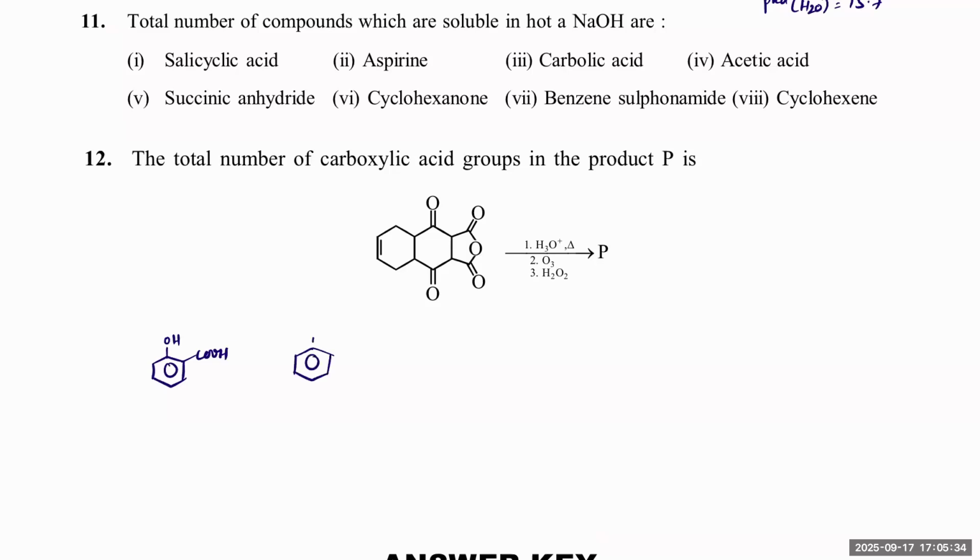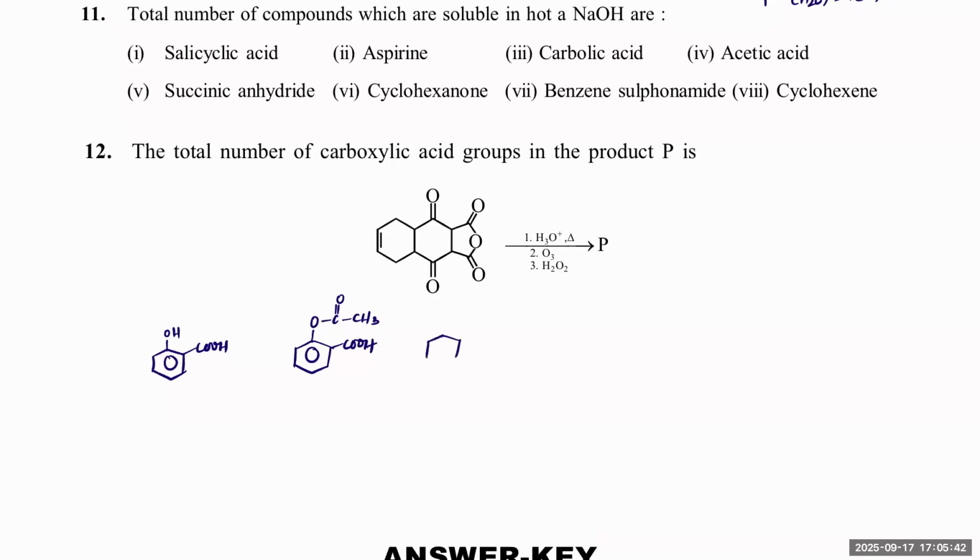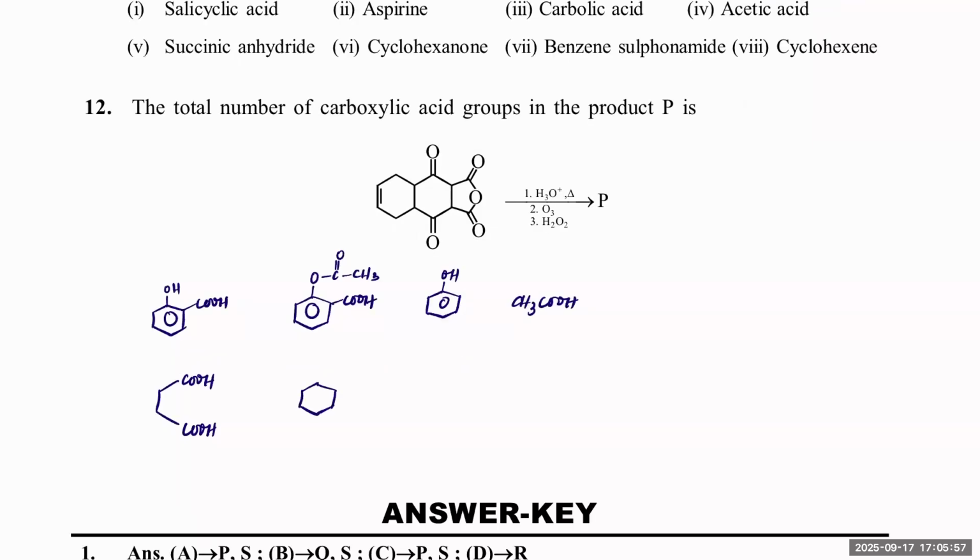Aspirin is O, C double bond O, CH3 with COOH. This is aspirin. Carbolic acid is phenol, an alternative name for phenol. Acetic acid is CH3COOH. Succinic acid is this one, COOH and COOH. Cyclohexanone is this one.